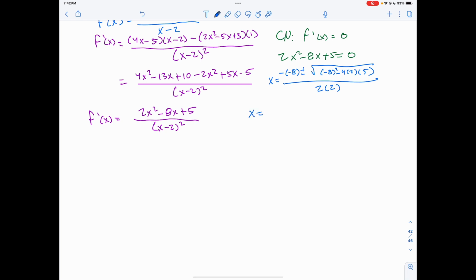Which means that x is going to equal 8 plus or minus square root of 24, all divided by 4, which means that x is equal to 2 plus or minus root 6 over 2.